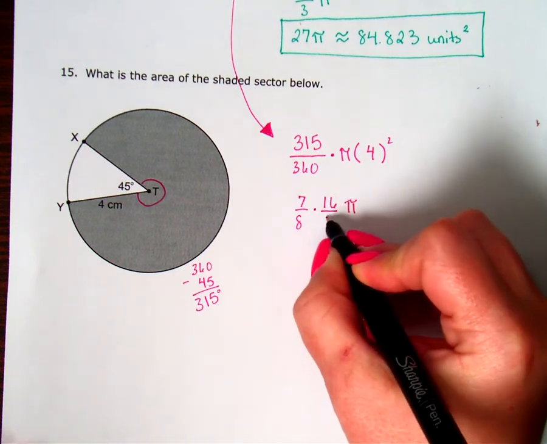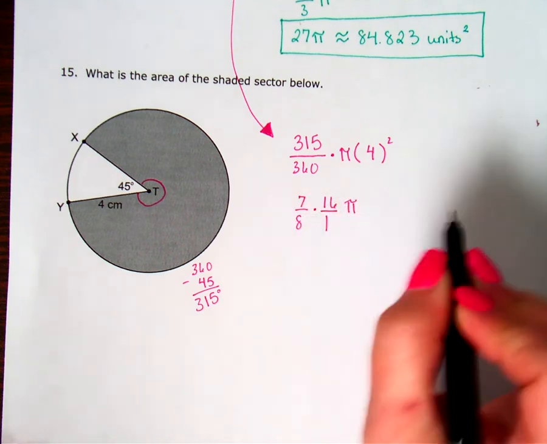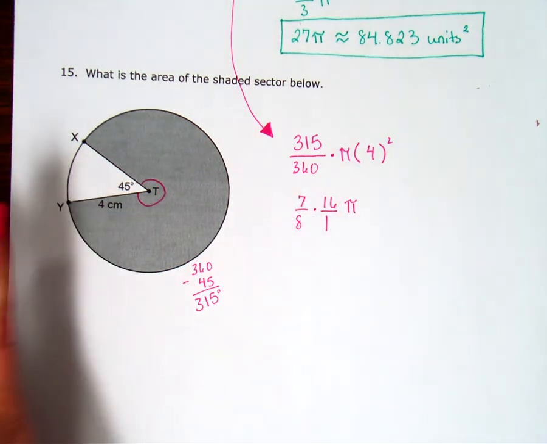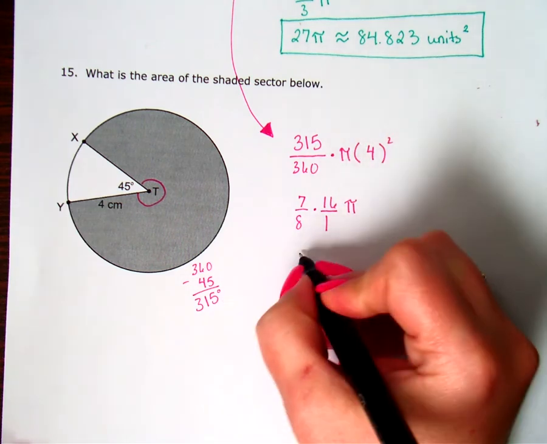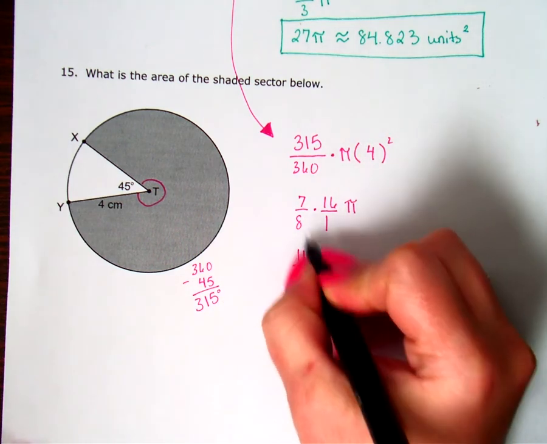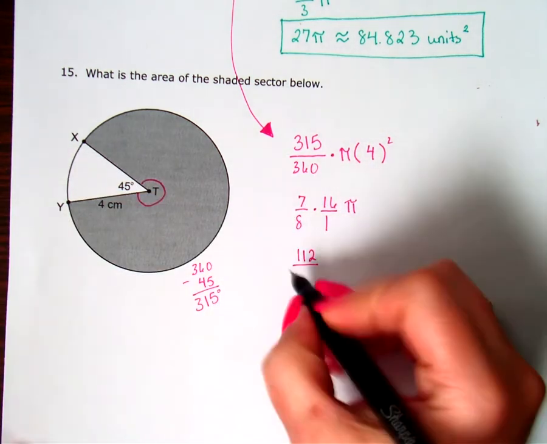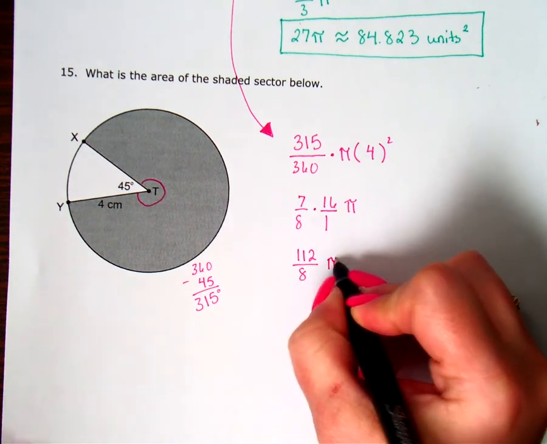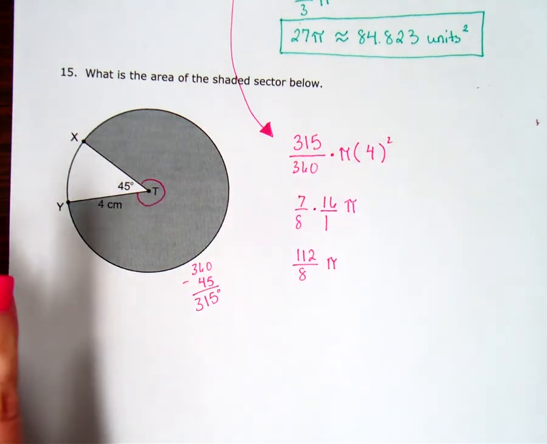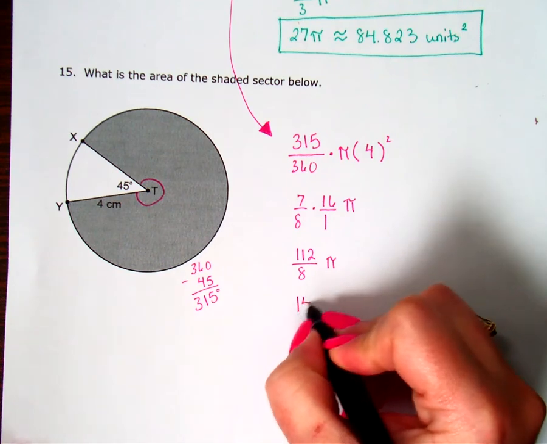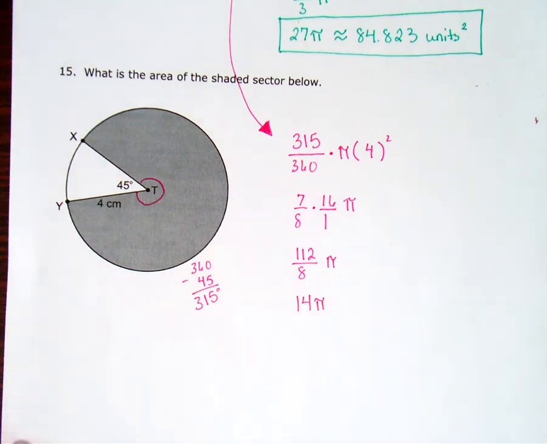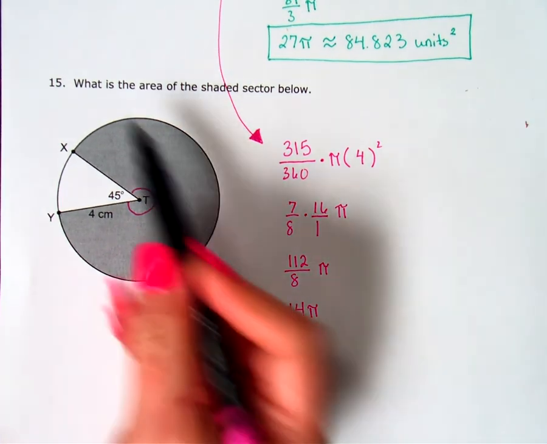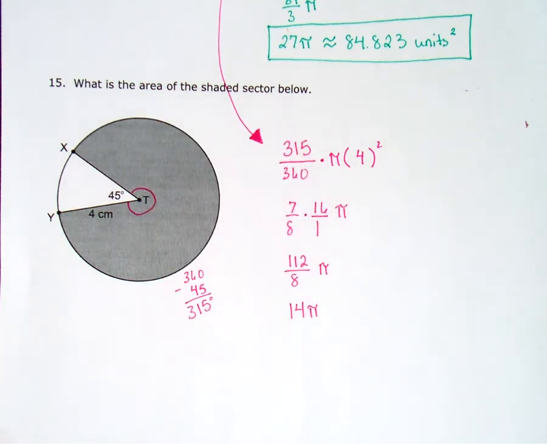And remember, I'm going to think of that as 16 over 1, so I can multiply straight across. 7 times 16 is 112. 8 times 1 is just 8 pi. Let's see, 112, is that divisible by 8? It sure is. This is 14 pi. That's going to be my exact answer, and it's not asking me for approximate, so I could stop there.